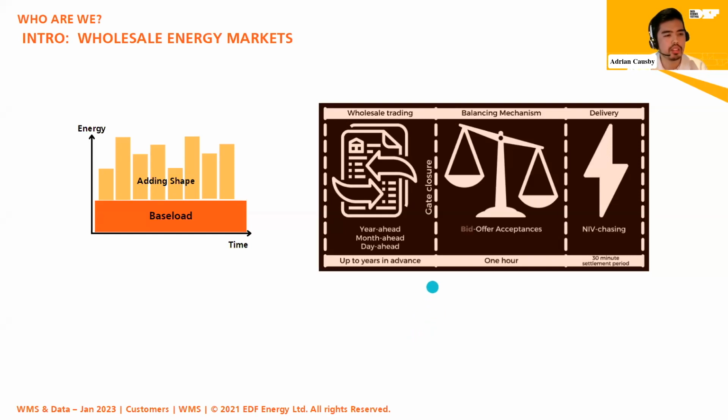When we get to gate closure, 1 hour before, National Grid tries to balance the system a bit more by telling participants to flex up or flex down, i.e. generate or decrease generation. Following that, there's a period called NIV chasing. NIV stands for net imbalance volume, and I'll explain a little more about it when I deep dive into one of the tools that we've got.